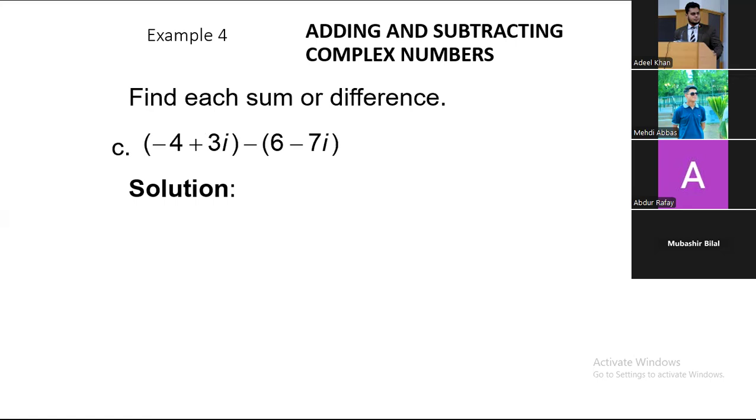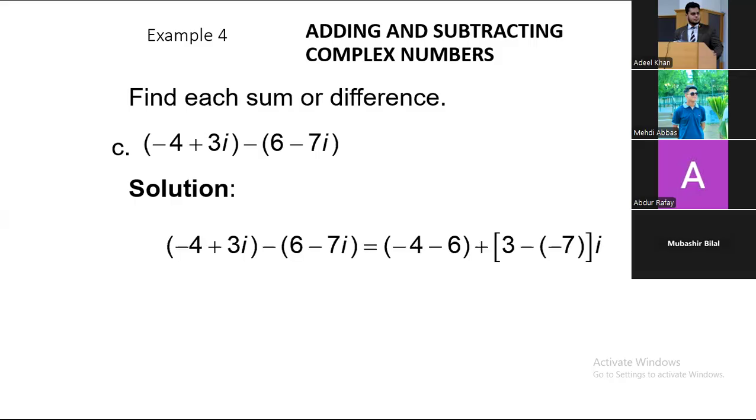Coming towards the subtraction of complex numbers, minus 4 minus 6 with each other, and 7 minus plus 7. So we can say that the answer is minus 10 plus 10 iota, and we got the answer.